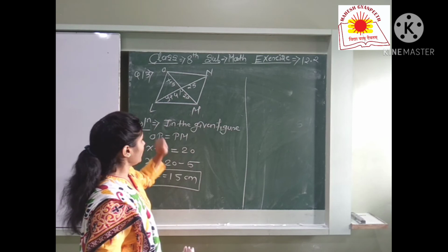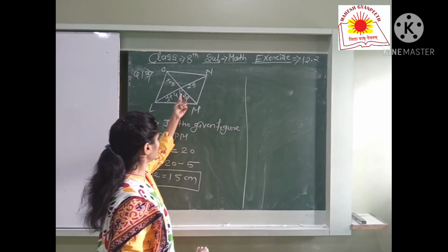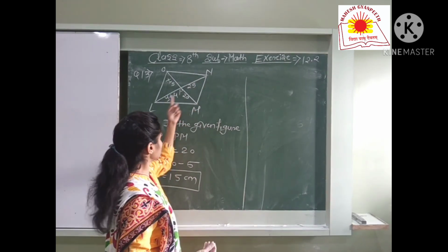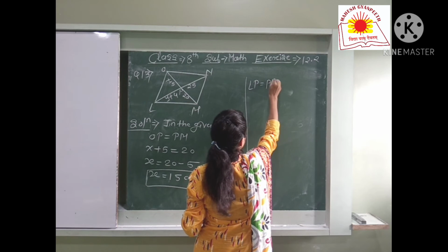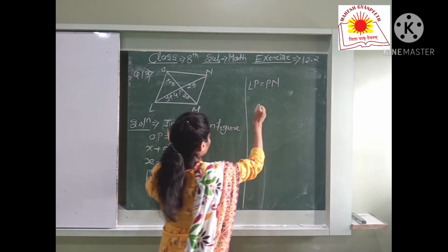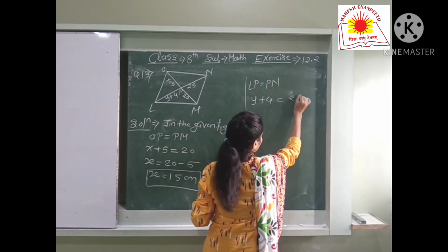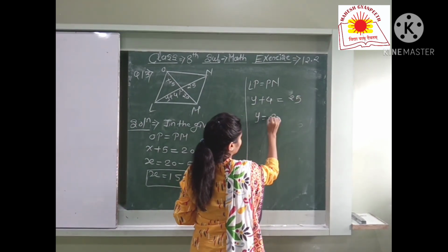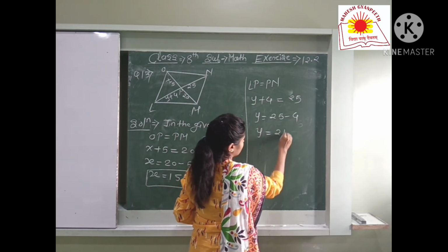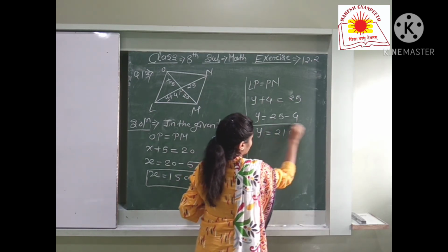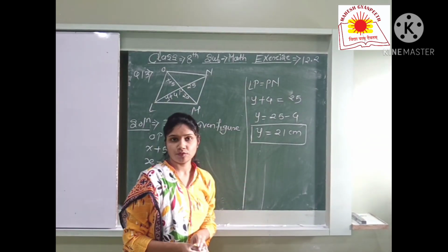Now what about y? We take the same approach: LP is equal to PN. So y plus 4 is equal to 25, and y is equal to 25 minus 4, which is 21 centimeters. So x is equal to 15 and y is equal to 21 centimeters.